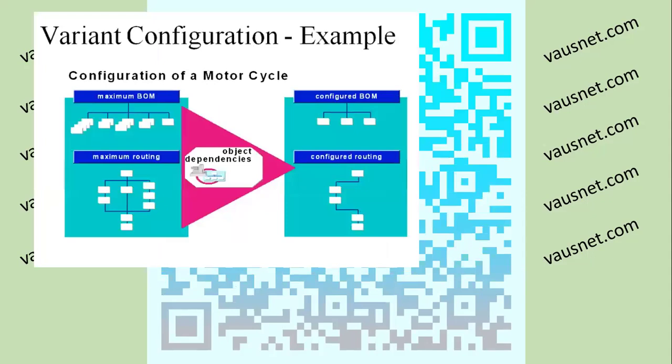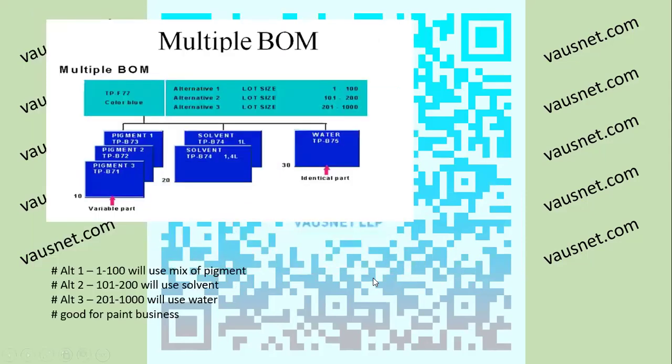Variant configuration has the maximum list of materials that can go into a production, and it will have maximum routing. Combine these both, a customer will pick some of the features from here. The routing, of course, will then be adjusted, and that configured routing and BOM will combine to make a custom-order vehicle like a Rolls-Royce. Luxury cars are made in this way.